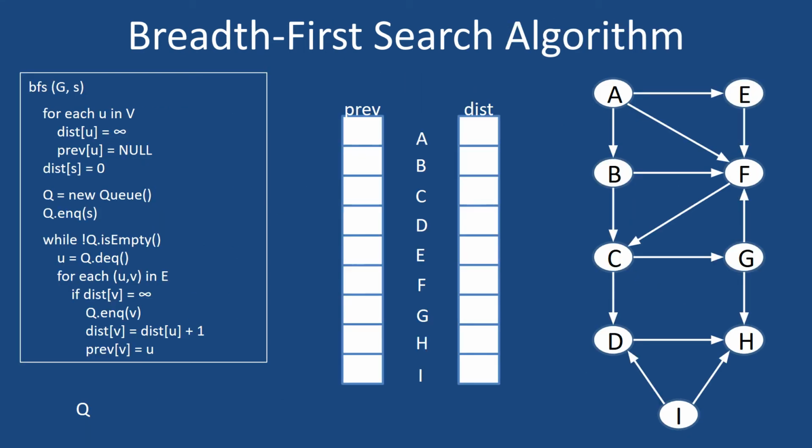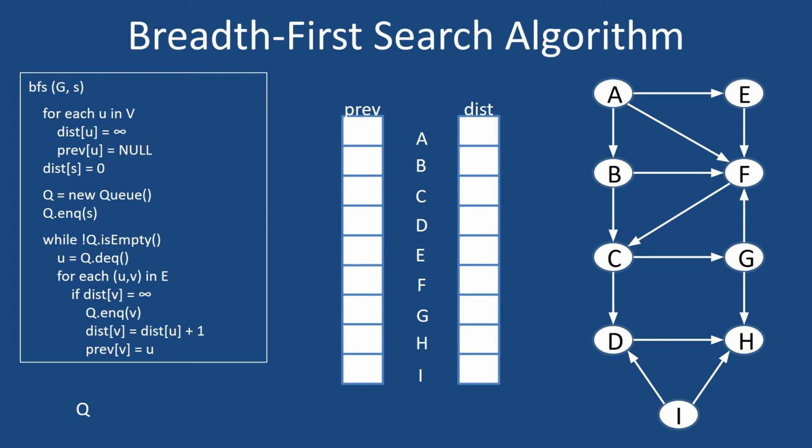So here's the algorithm. I imagine you've seen breadth-first search algorithms before, but this is the pseudocode for what we'll be using. So let's look at how it works. First thing we do is initialize the distance and previous arrays.